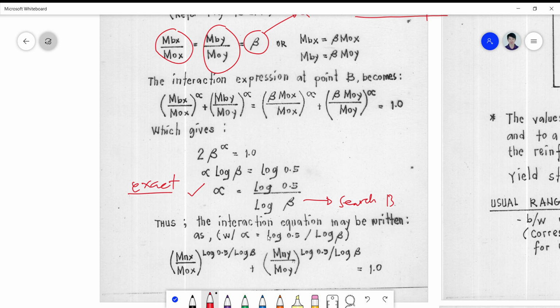So thus the interaction equation may be written as this one. Okay, so your interaction equation will be written by substituting the value of alpha here. So this is now your Parme interaction or contour equation.